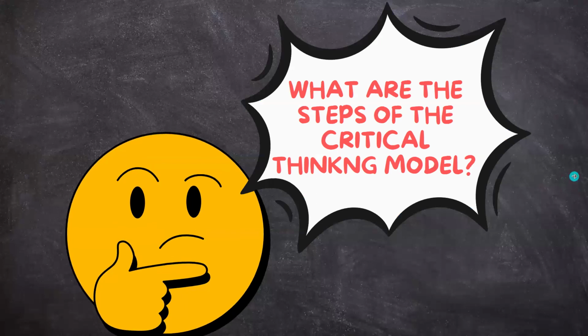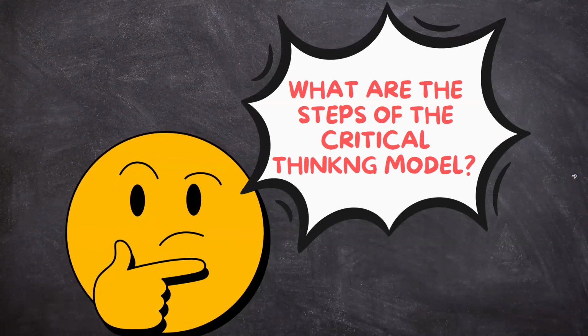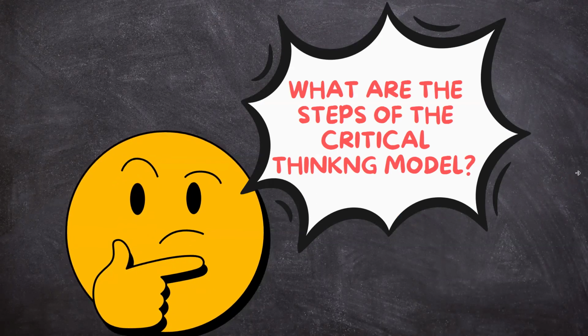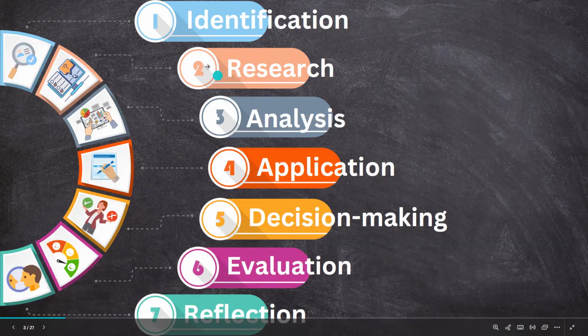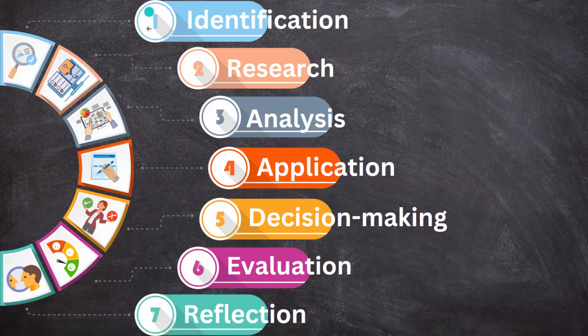So what you'll see in chapter 4 are the steps of the critical thinking model. It's a 7-step process: identification, research, analysis, application, decision-making, evaluation, and reflection. These 7 steps will make up the next 4 assignments. The first assignment is identification, research, and analysis.